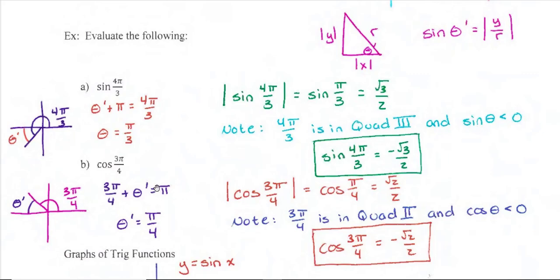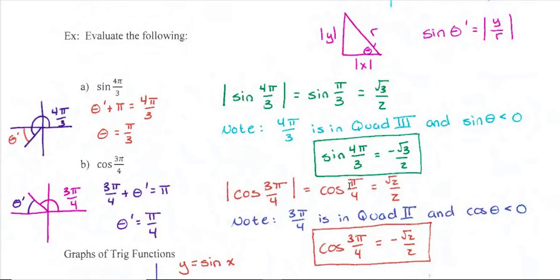Let's do another one. The cosine of 3 pi over 4. 3 pi over 4 is in the second quadrant. I can see theta prime right here. Put those together. Theta plus theta prime is going to give me pi. Solve for theta prime, and you get theta prime is pi over 4. The absolute value of the cosine of 3 pi over 4 is going to be the cosine of pi over 4, and we just use those special triangles to see that the cosine of pi over 4 is root 2 over 2.